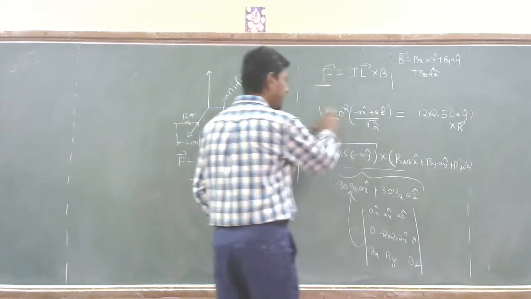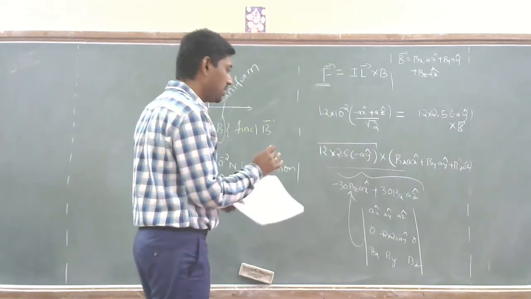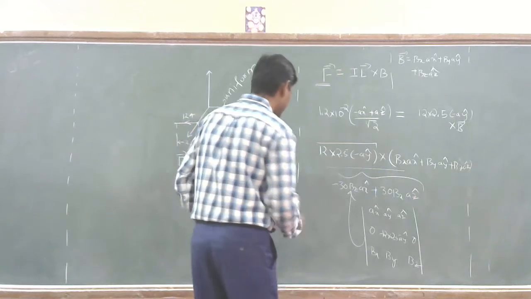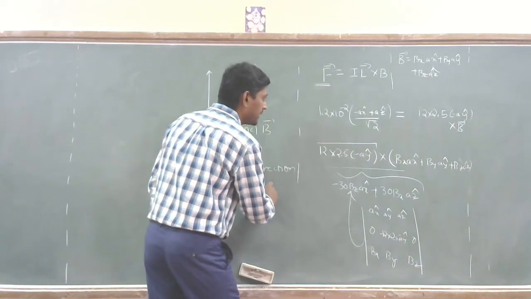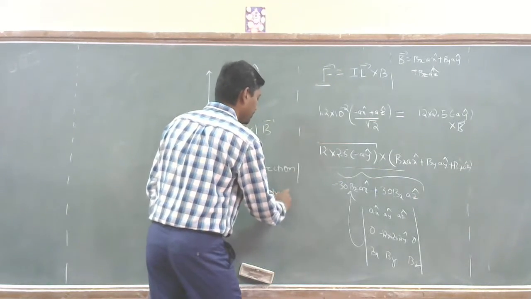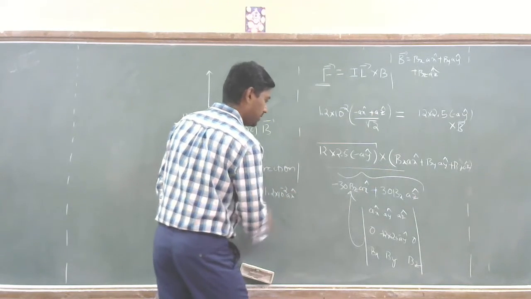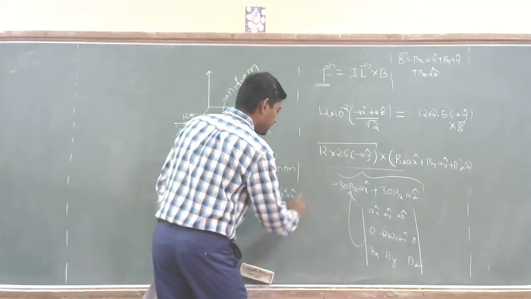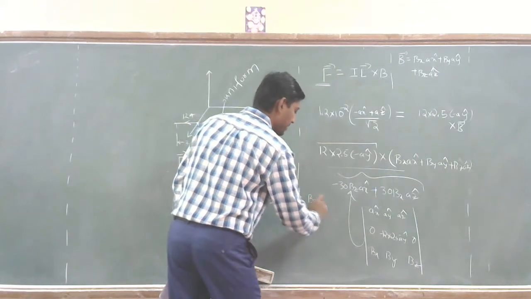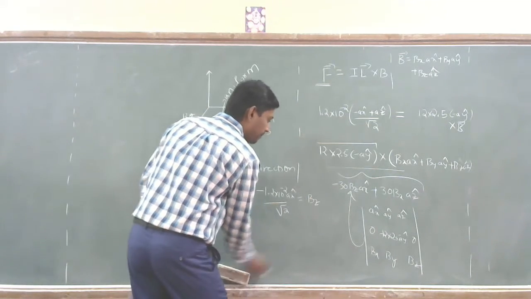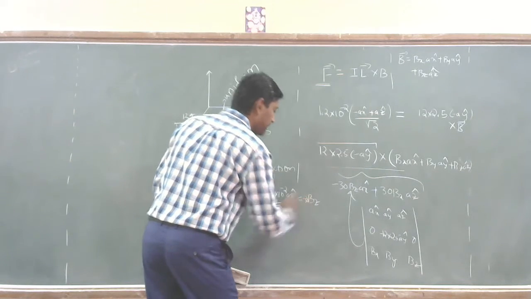So now we can equate the coefficients of the left hand side and the right hand side. That is, 1.2 into 10 raised to minus 2, that's minus ax hat divided by root 2, is equal to minus 30 Bz.